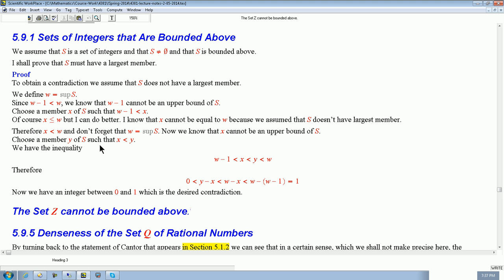Basically, in this proof, we chose two definitely known integers, x and y, satisfying a certain inequality that turned out to be impossible. On the one hand, they are integers, so the difference is an integer. But the difference is positive, and the difference is less than 1. Trouble. Got a contradiction.